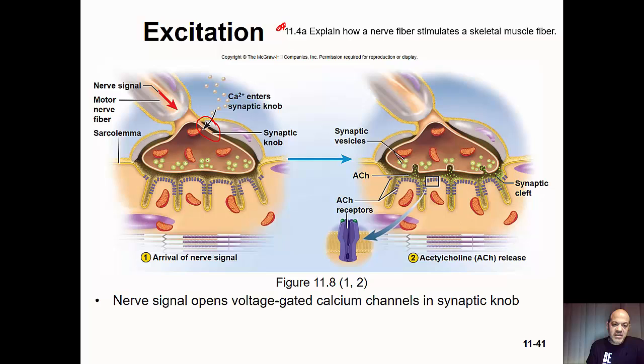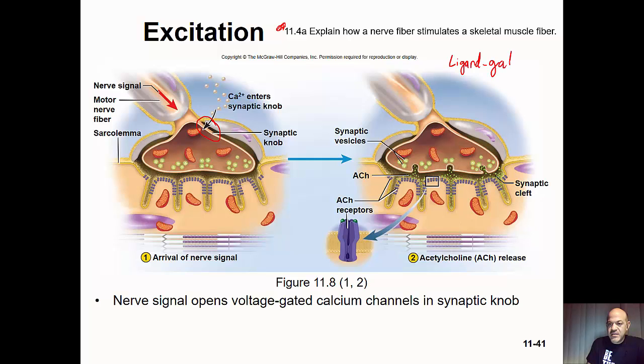When that calcium comes in, it's going to get these synaptic vesicles, which contain acetylcholine, to be released into the synaptic cleft. So that's shown over here. The vesicles are releasing by a process of exocytosis. There are the little acetylcholine molecules going and binding to these acetylcholine receptors. The acetylcholine receptors, by the way, are another kind of gate called a ligand, not a voltage regulated gate, but a ligand regulated gate.